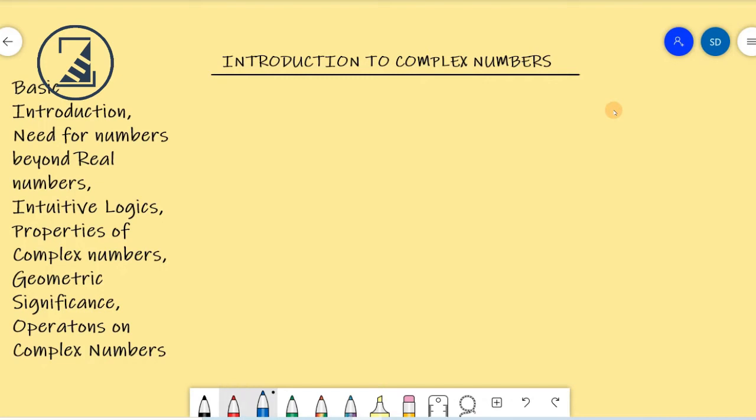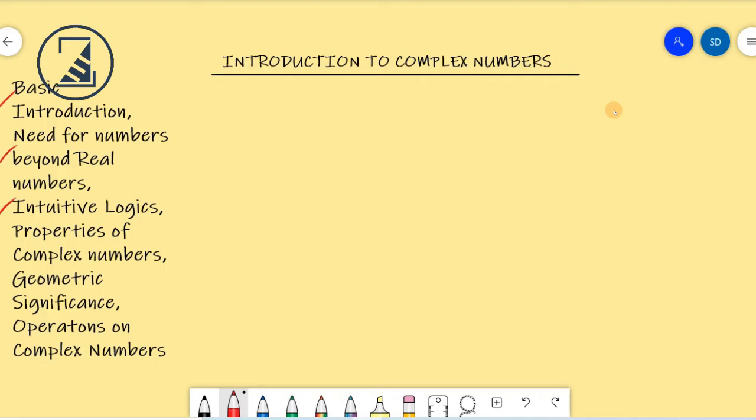What we will learn in this video is some basic introduction. We will learn the need to go and search for numbers beyond real numbers. Then you will also learn some intuitive logics. These logics will help you understand why we represent complex numbers the way we do.